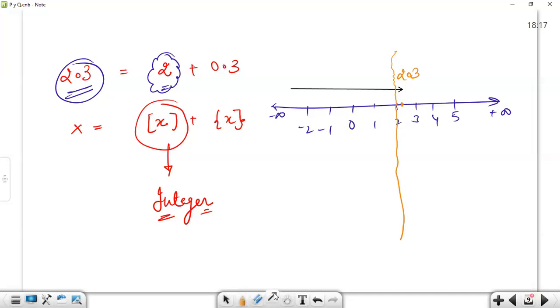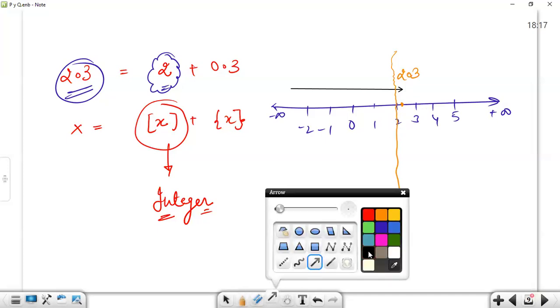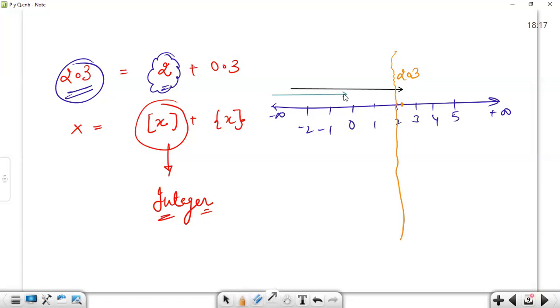And for, let us say, minus 0.5, which would be somewhat here, it will only consider the integer which is backwards this arrow, which will be minus 1. So in this way you can understand, right? Is that clear?